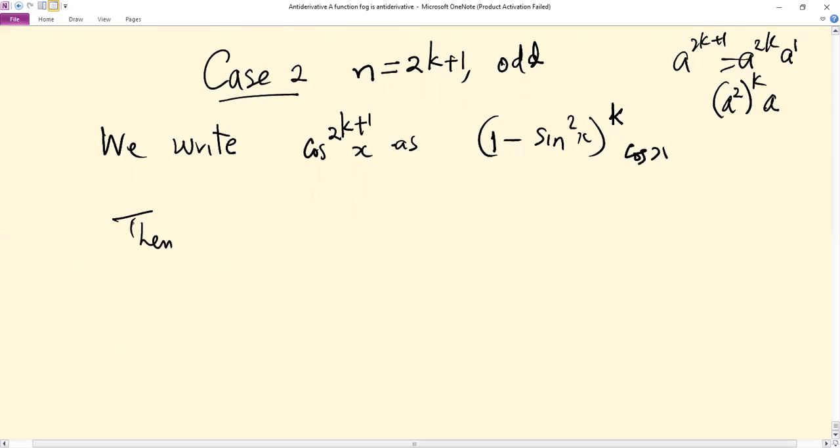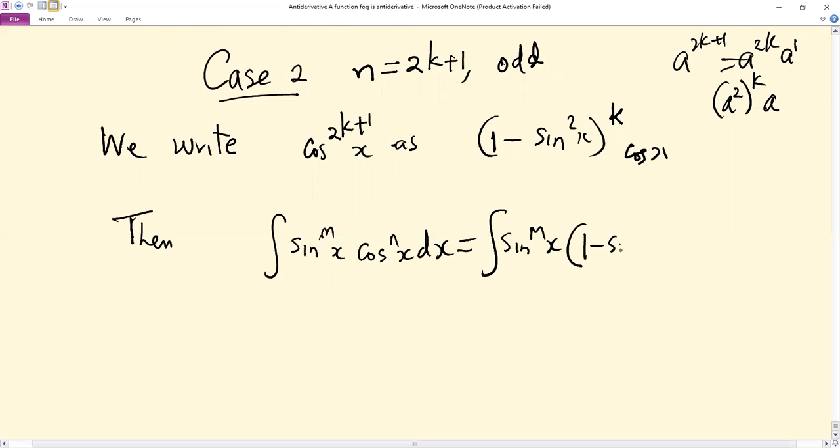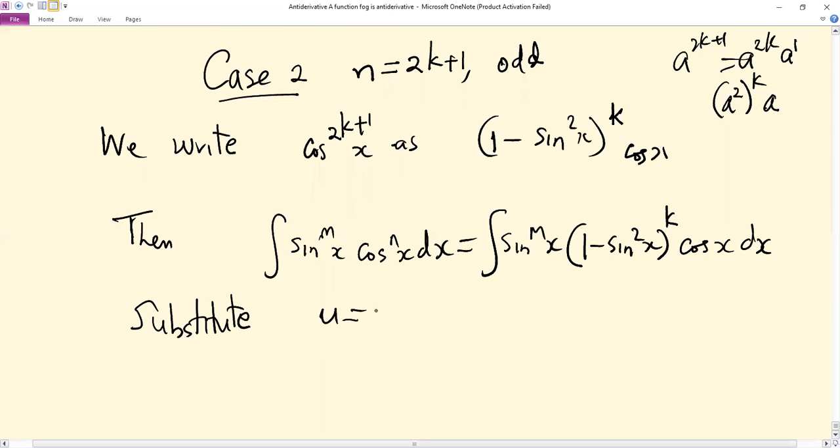Then the integral of sine power m x, cos power n x dx becomes the integral of sine power m x, and then where we have this, we write 1 minus sine squared x to the power k, multiplied by cosine of x dx, and then substitute u for sine x, which implies that du will take the place of cos of x dx.